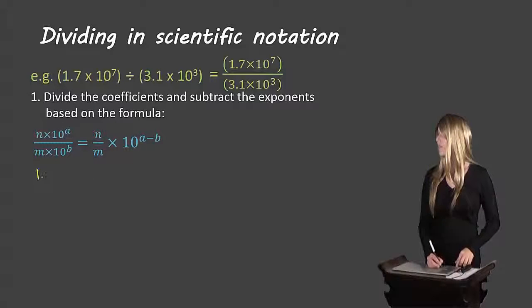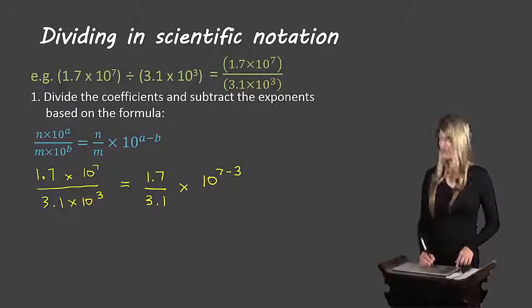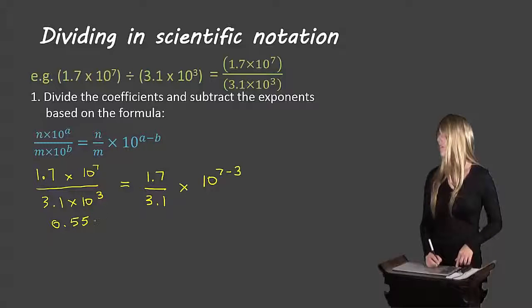We would have 1.7 times 10 to the 7 over 3.1 times 10 to the 3, and that's going to be equal to 1.7 over 3.1 times 10 to the 7 minus 3. And if we do that math, we end up with 0.55 times 10 to the power of 4.